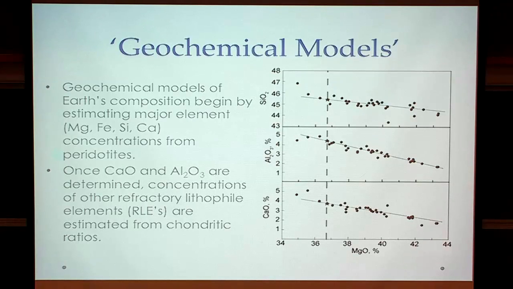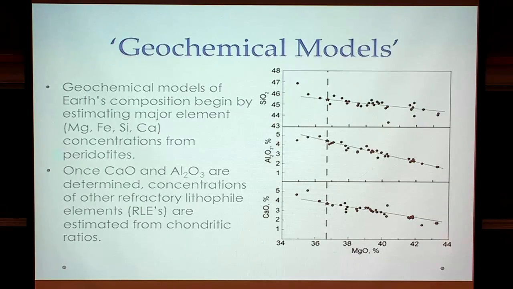Yes, Barbara? You mentioned that all of this depends on already determining the magnesium. How is that? They argue, for example, that it's pretty well established that the so-called Mg number of olivine, the ratio of magnesium to magnesium plus iron in olivine in the most primitive peridotites is pretty close to about 0.9.